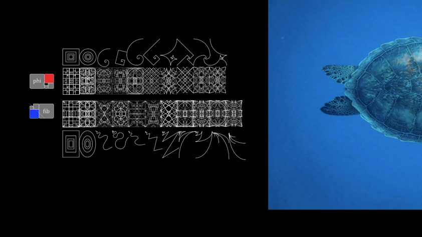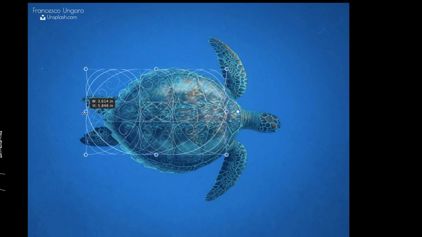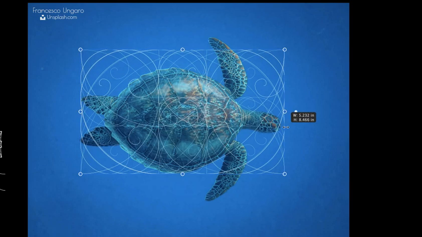Let's try the phi map. We'll go for it. Go right out of the gate here. We'll go for the classic phi map. And we will stretch it to the whole body to see.